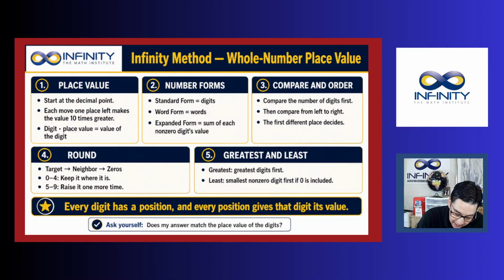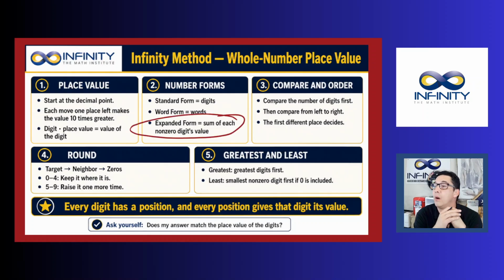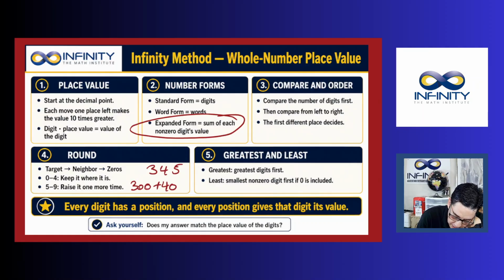Oh, and one thing that I'm sorry I failed to mention is the expanded form, which is when you would write 345 as 300 plus 40 plus 5. Sorry about that.